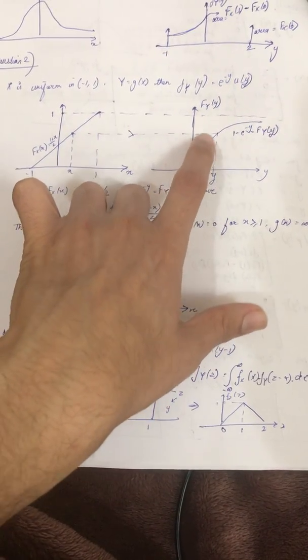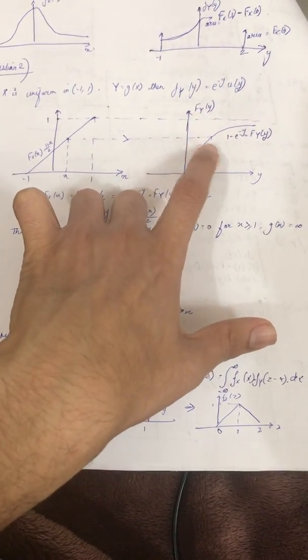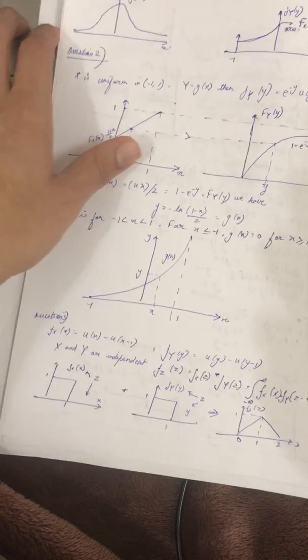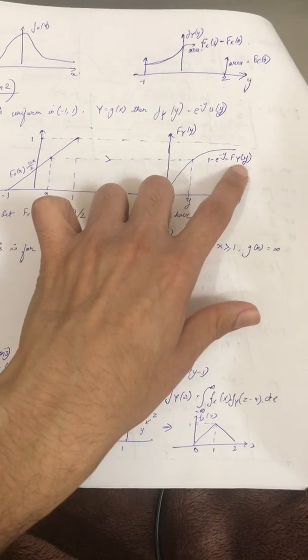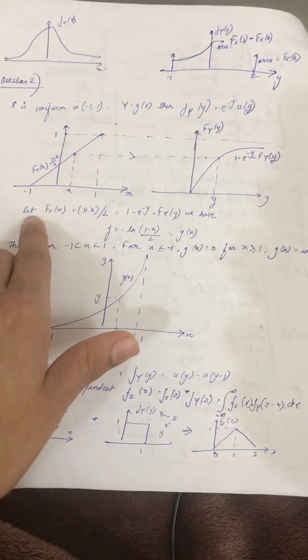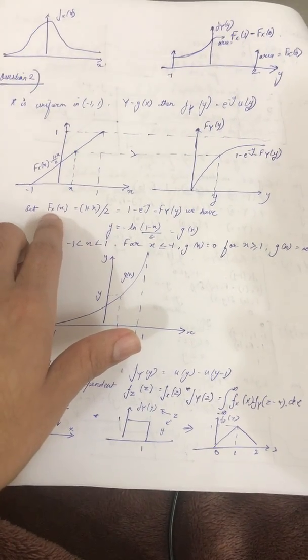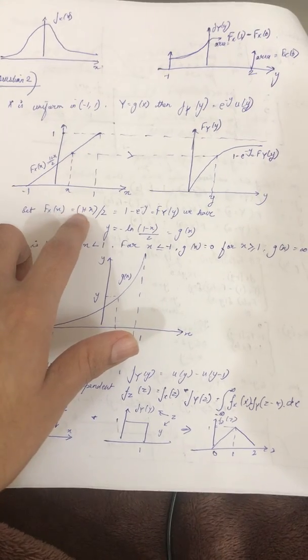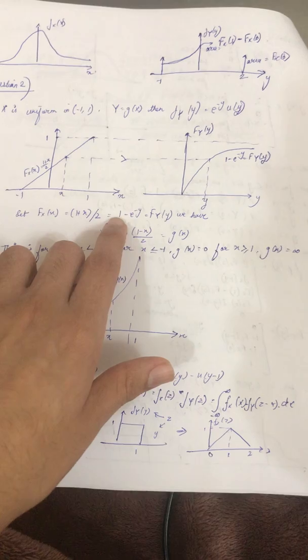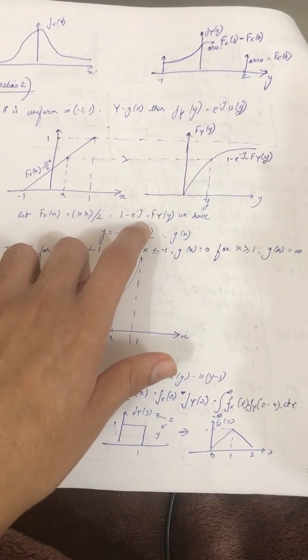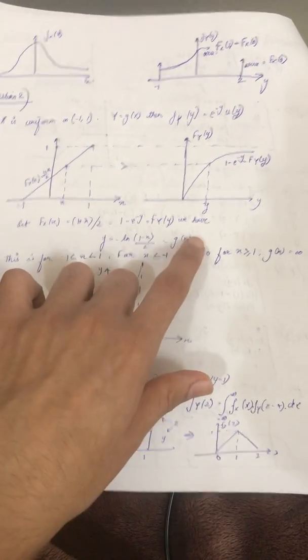It's an exponentially rising curve, that is 1 minus e to the power minus y, capital F of y. So after setting capital F of x, that is equal to (1 plus x) divided by 2, we have 1 minus e to the power minus y is equal to capital F of y.